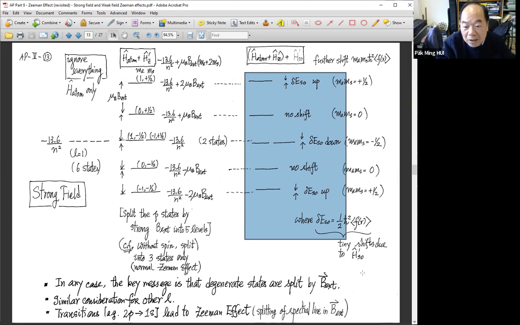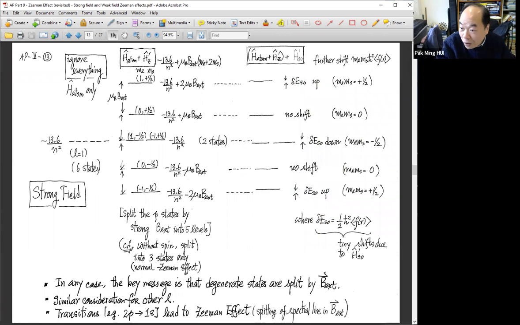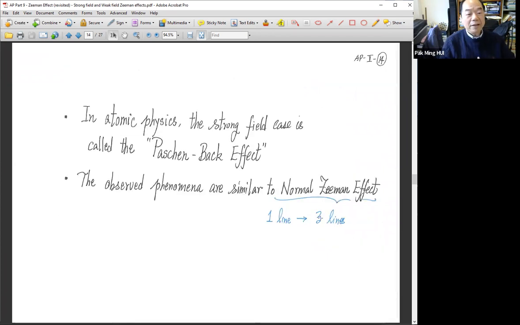So we have done this strong field Zeeman effect in a very logical and technical way. Let me introduce the name. I don't like jargon, but for some who will be going into atomic physics in your final year project, you may encounter this name.